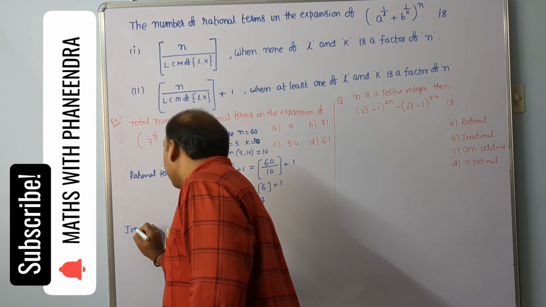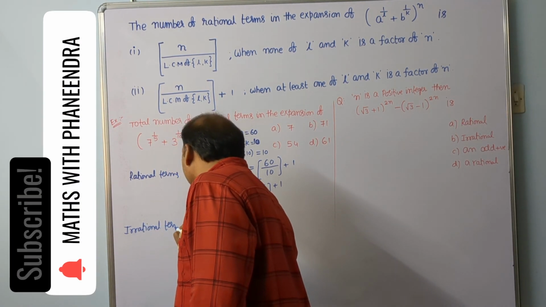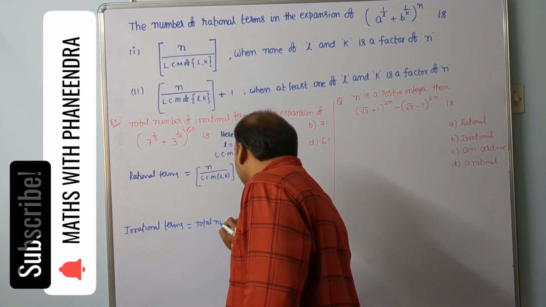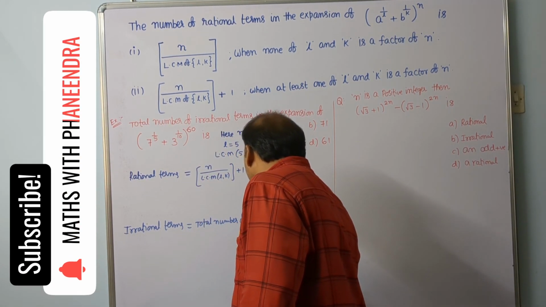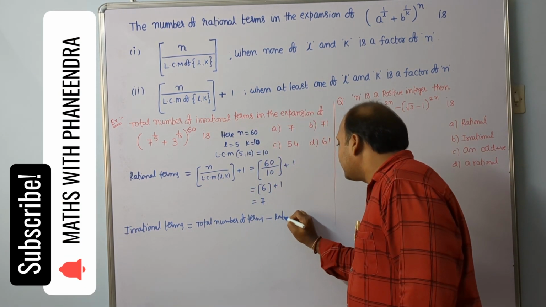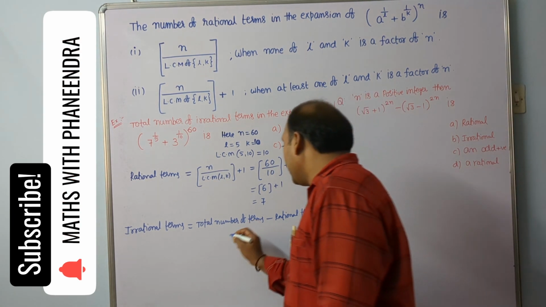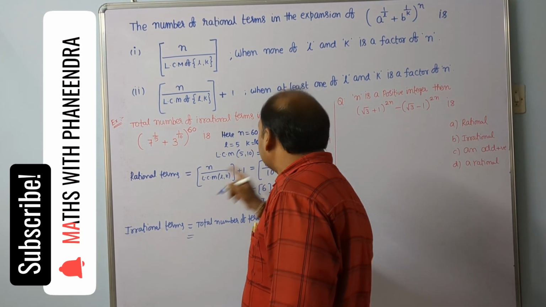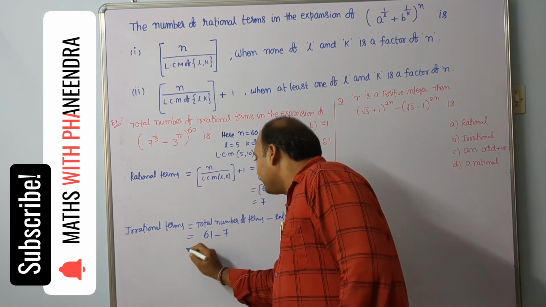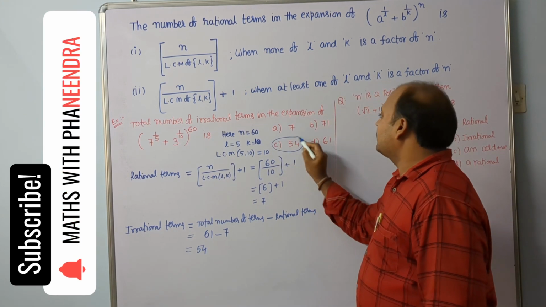Therefore, irrational terms equal total number of terms minus rational terms. Total number of terms is 60 plus 1, n plus 1, so 61 terms are there, minus rational terms, 7. 61 minus 7 is 54. It is there in the third option, dear students.